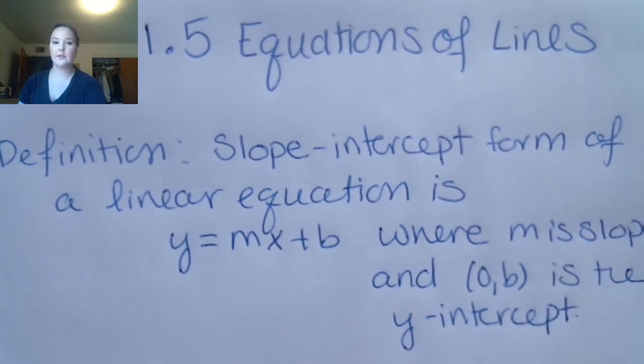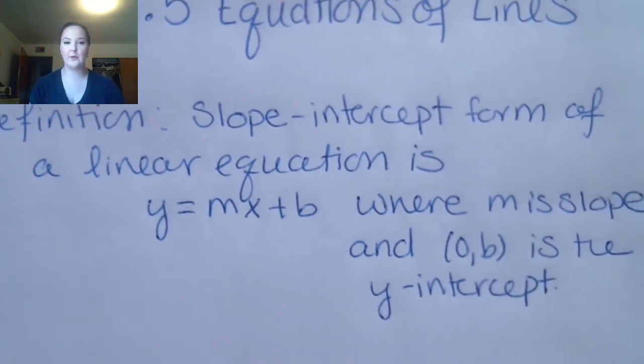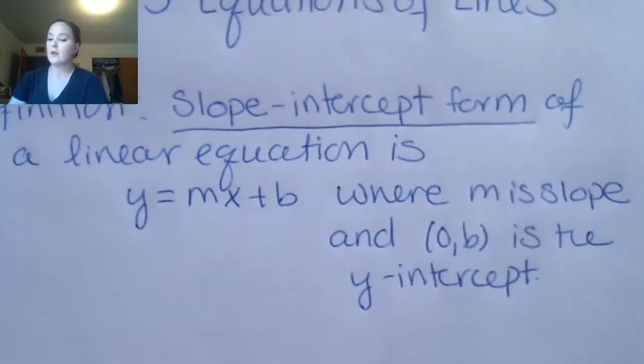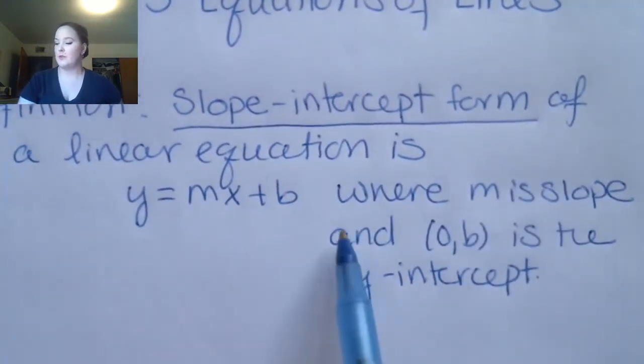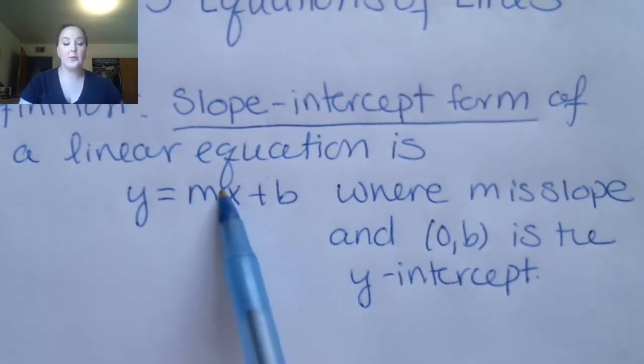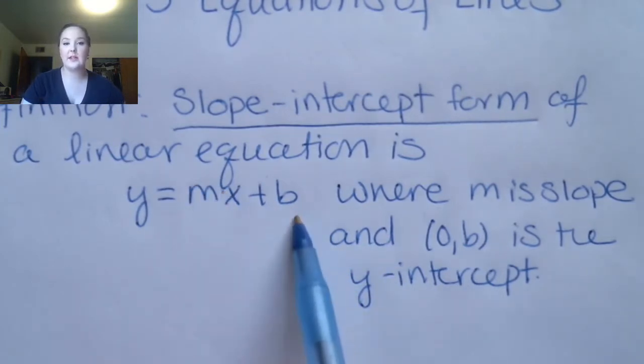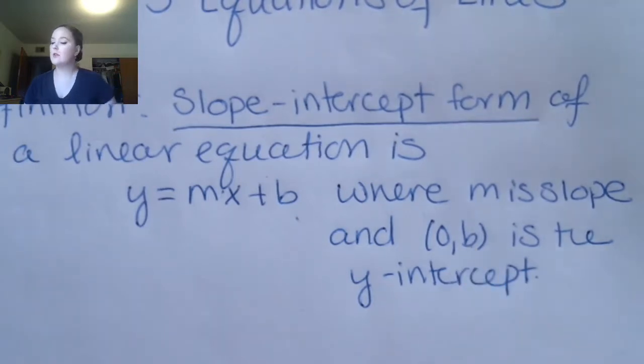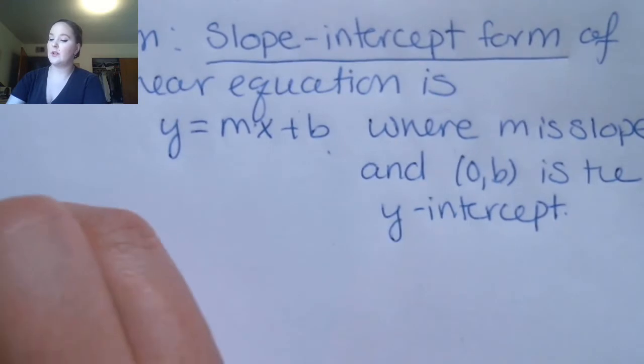Okay, so this is the form that people are normally most familiar with, the slope-intercept form. So y equals mx plus b is that form where m is the slope like we talked about in the previous section, and b is the y coordinate of the y-intercept. Okay, so let's do some review examples of using this.